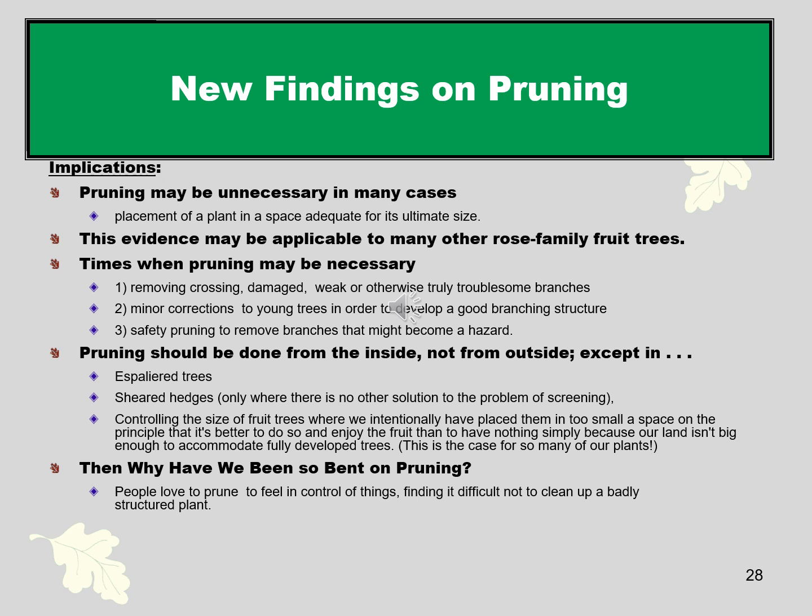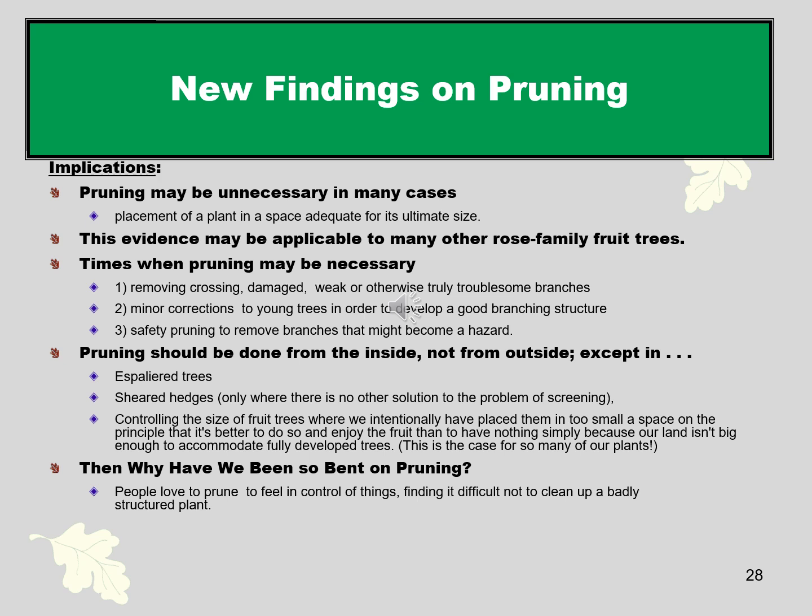There also are times when pruning is maybe necessary, like removing, like I said before, crossed, damaged, weak, or diseased branches, minor corrections to young trees to develop good branching structure, that's structural pruning, and safety pruning to remove branches that might become a hazard by falling. Pruning should be done from the inside, not from the outside, except in espalier trees or hedges.